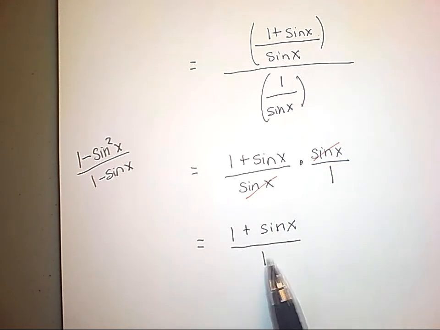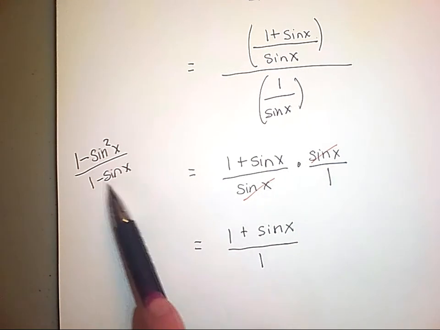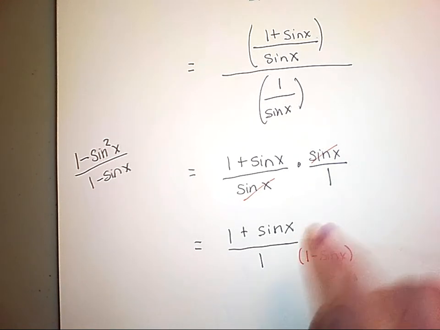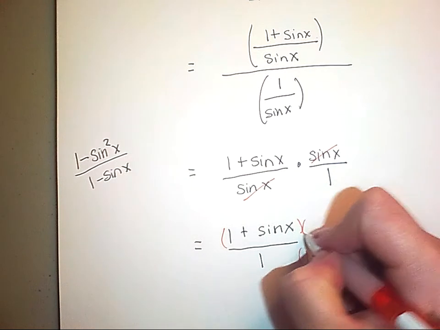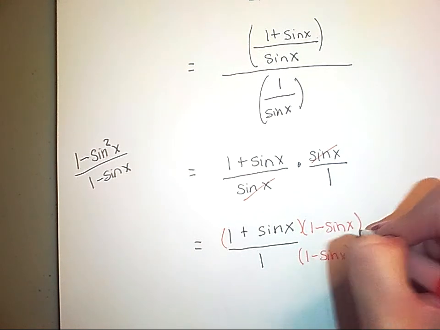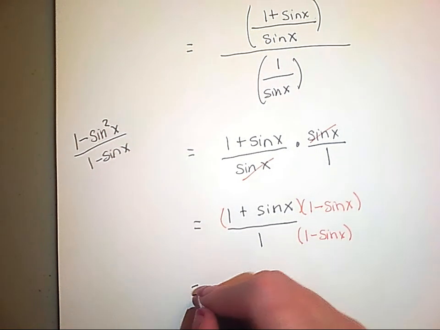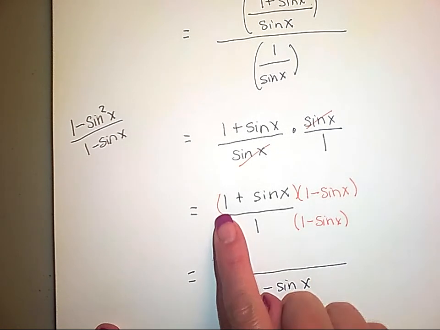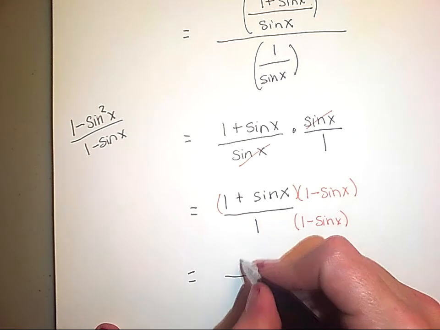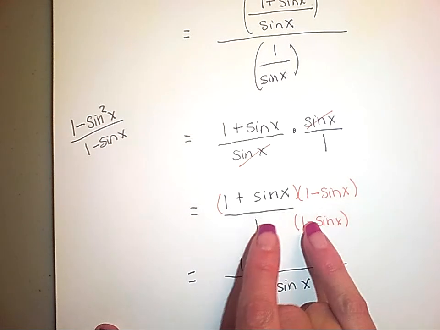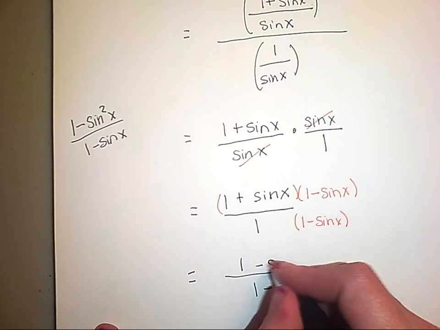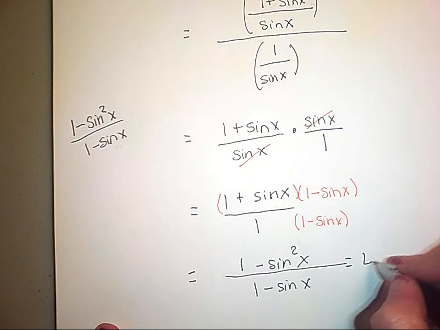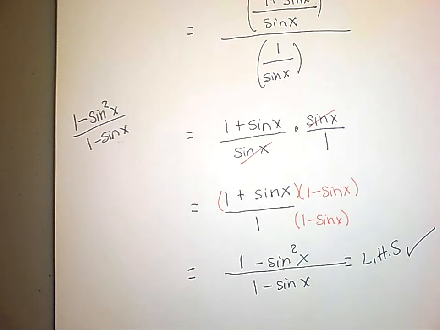Well, let's think about it this way. This is always over 1. I need a denominator that says 1 minus the sine of x. So let's multiply by 1 minus the sine of x, because that'll get us to the denominator we need. And then we have to remember to do that to the numerator. So our denominator is 1 minus the sine of x. And now when we FOIL these, we'll get 1 minus the sine of x plus the sine of x will go away, and then minus sine squared. And that's exactly what we wanted, which was equal to the left-hand side, and so we were done.